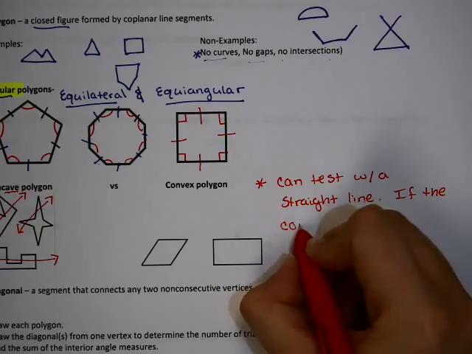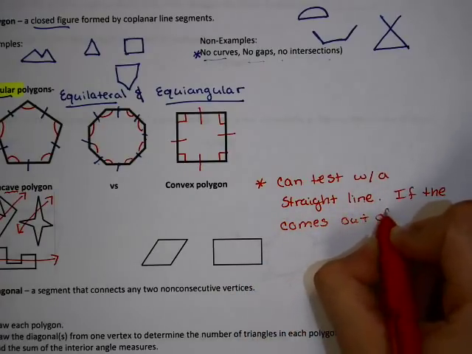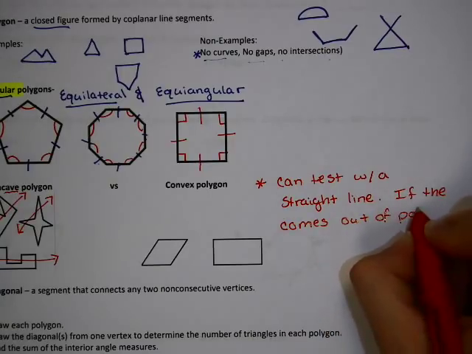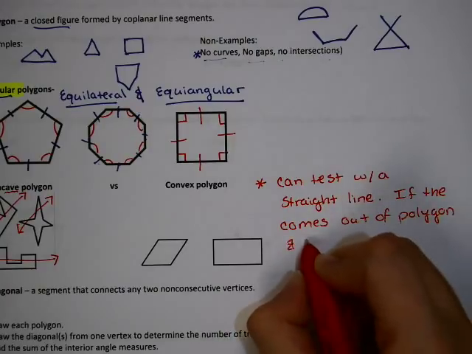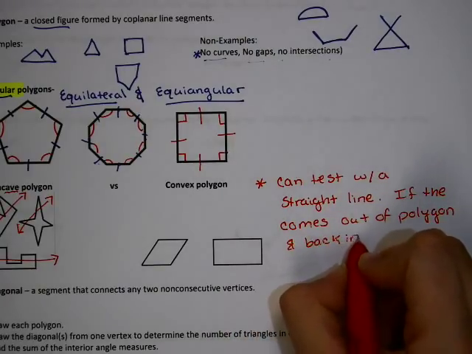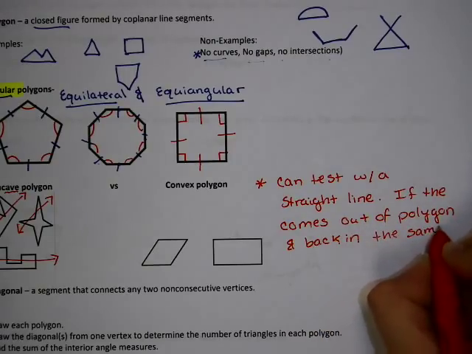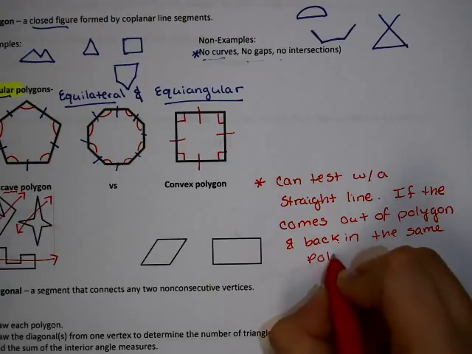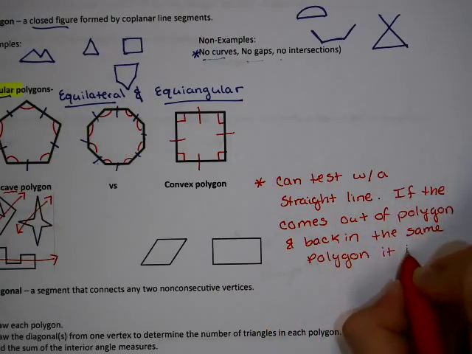If the line comes out of the polygon and back in the same polygon, it is concave.